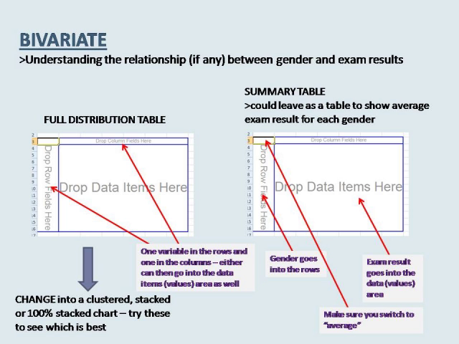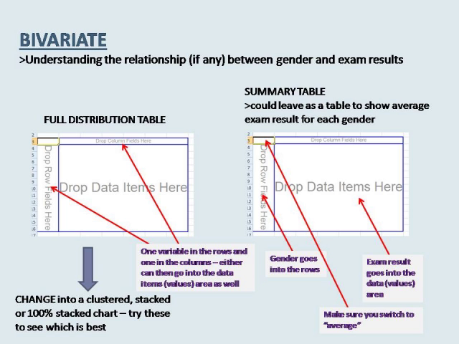For example, we can see whether the average exam result for males is the same or different to the average exam result for females. While we could just sort the whole data set so that the exam results for different genders are grouped together, and then just use the individual average formulas on the groups, we can do this analysis more quickly by creating a pivot table.